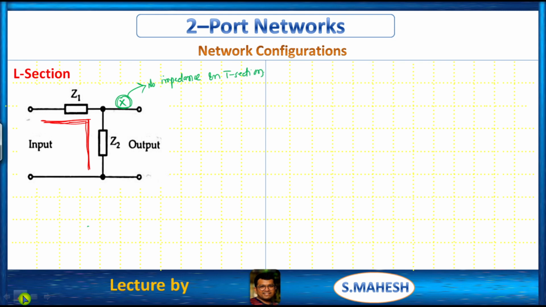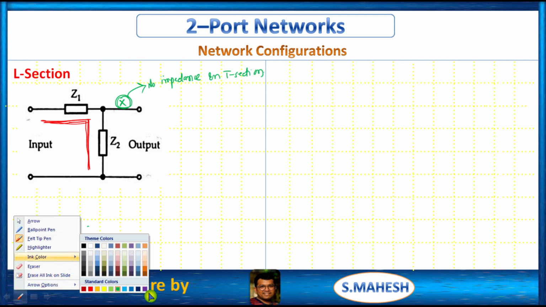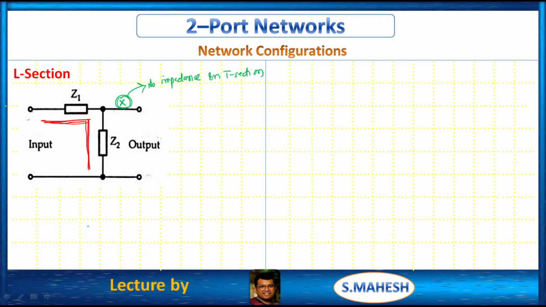Like that, if we assume this section as pi, obviously there is no shunt arm impedance, no series arm impedance. That's it. We can write that point.